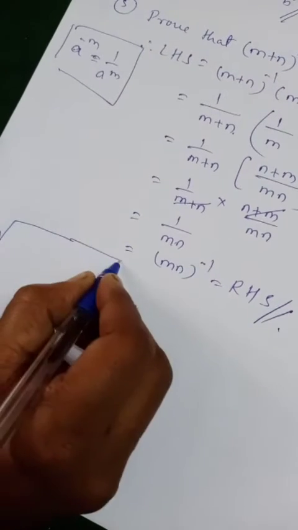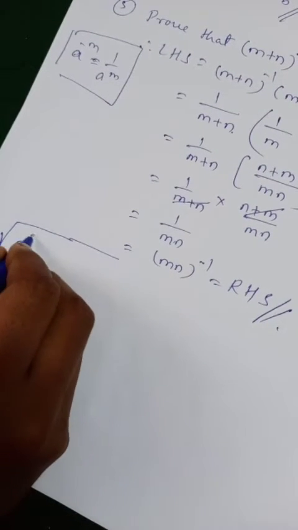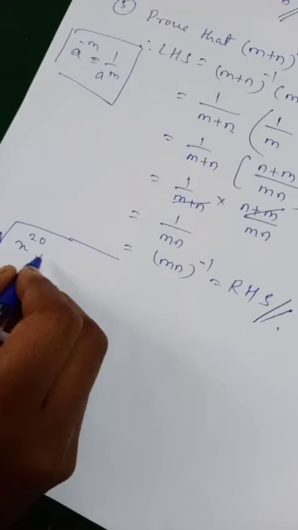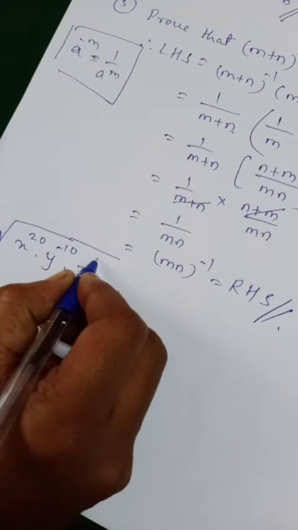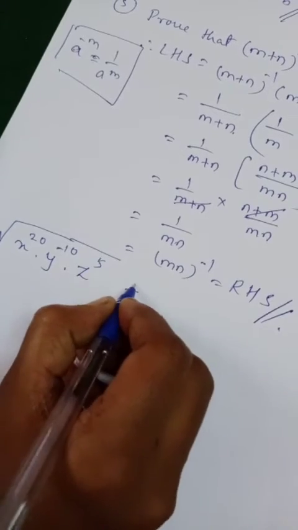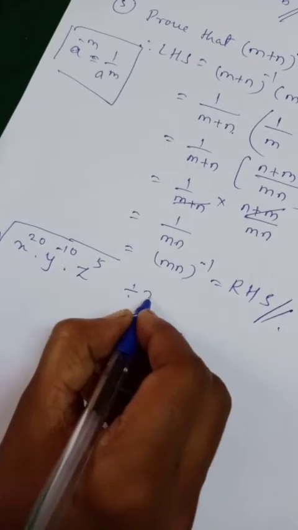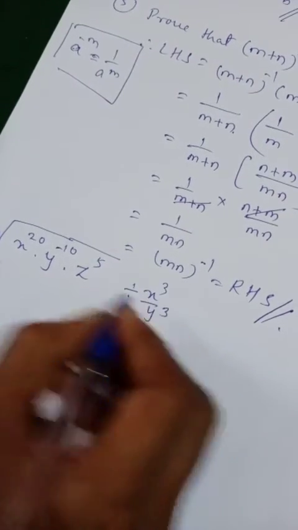Fifth root of x to the power 20, y to the power minus 10, z to the power 5 divided by x cube divided by y cube.